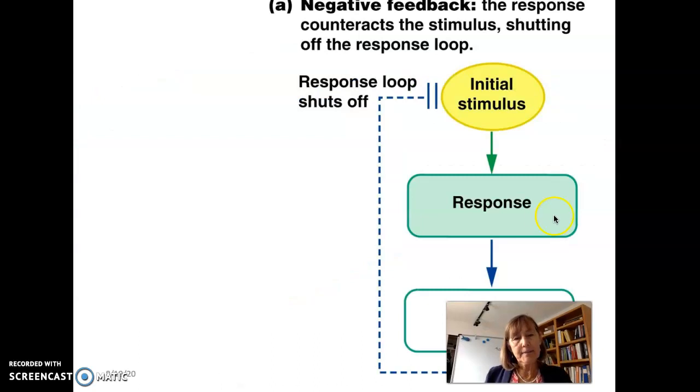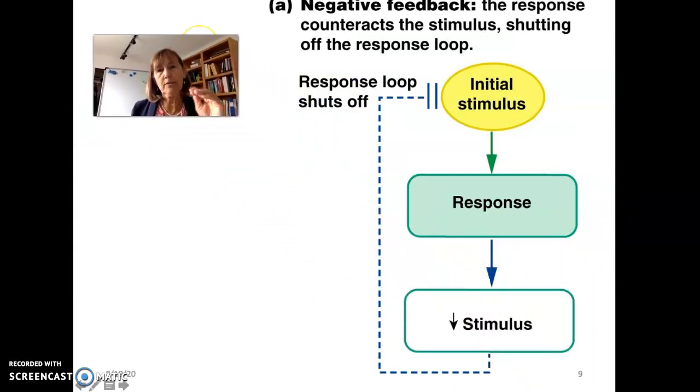This kind of feedback loop is called a feedback loop because the result is going to feed into the sensor again. It is called a negative feedback because the response opposes the stimulus, or counteracts the stimulus, and it shuts the loop off.